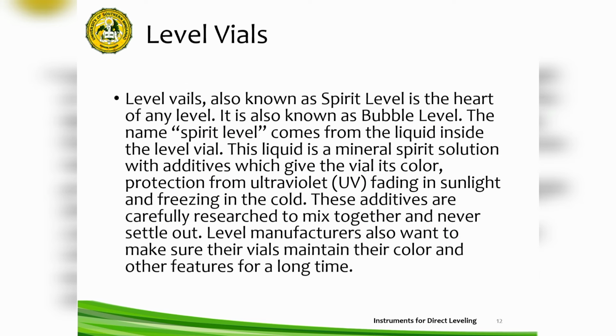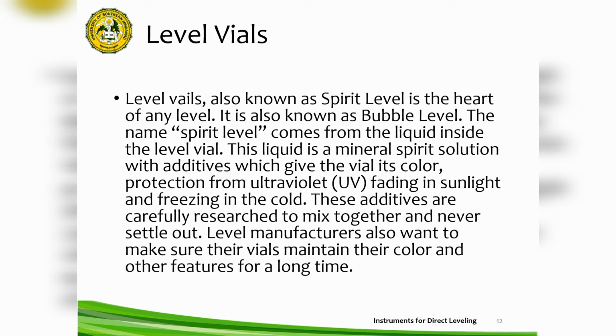Next we have level vials. Level vials, also known as spirit levels, are the heart of any level. It is also known as a bubble level. The name spirit level comes from the liquid inside the level vial. This liquid is a mineral spirit solution with additives which give the vial its color, protection from ultraviolet fading in sunlight, and freezing in the cold.